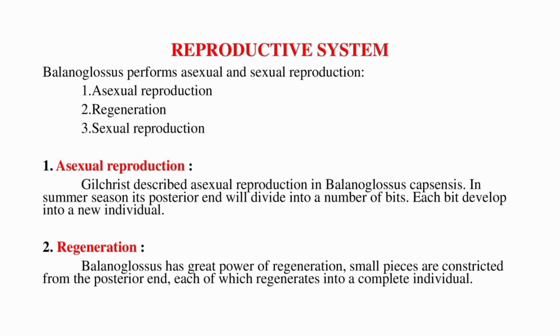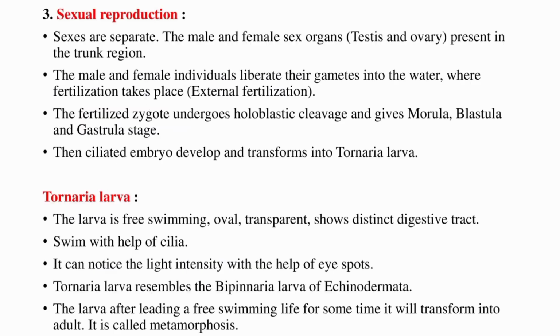In summer season, its posterior end will divide into a number of bits. Each bit develops into a new individual. Regeneration. Balanoglossus has great power of regeneration. Small pieces are constricted from the posterior end, each of which regenerates into a complete individual.